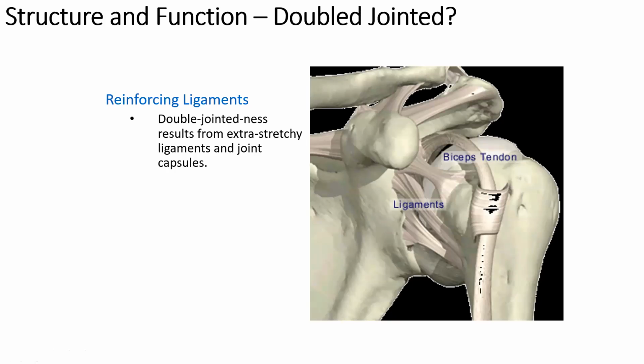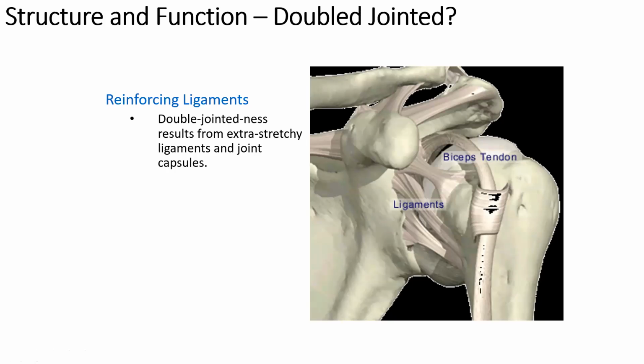This is a good time to bring up a point. You may have heard the term double jointed. There's no such thing as being double jointed. Nearly everybody that is considered double jointed doesn't have extra joints. What they have is ligaments and cartilage within those joints that are extra flexible.